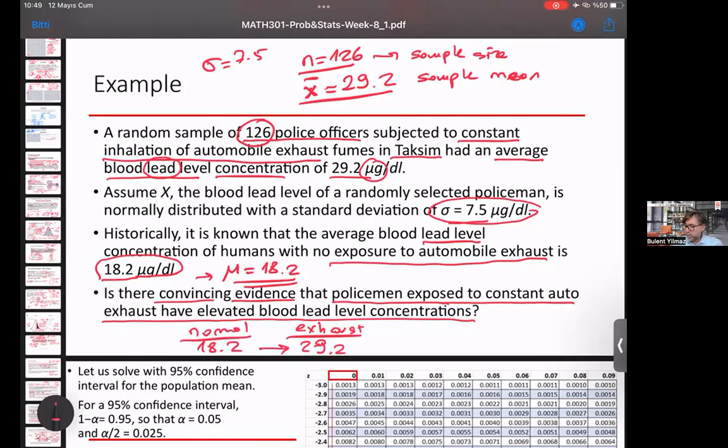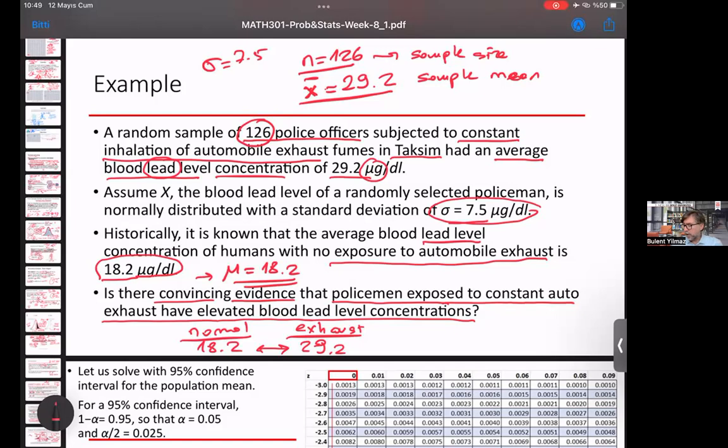Is there a significant difference? Has the blood lead level of someone inhaling exhaust changed significantly compared to a normal person? That's the question. Did the blood lead level change when they inhale exhaust fumes in Taksim?